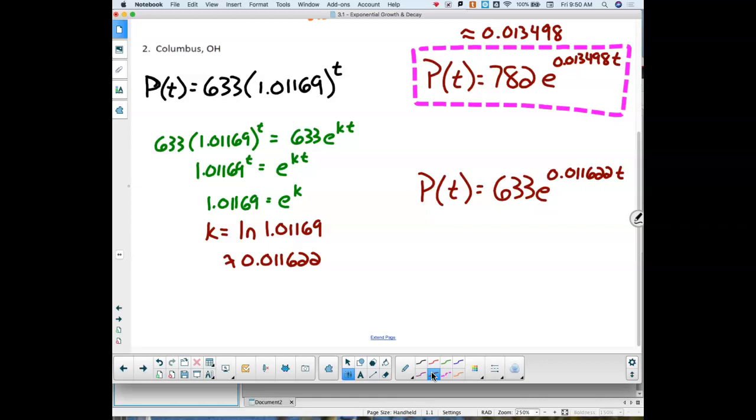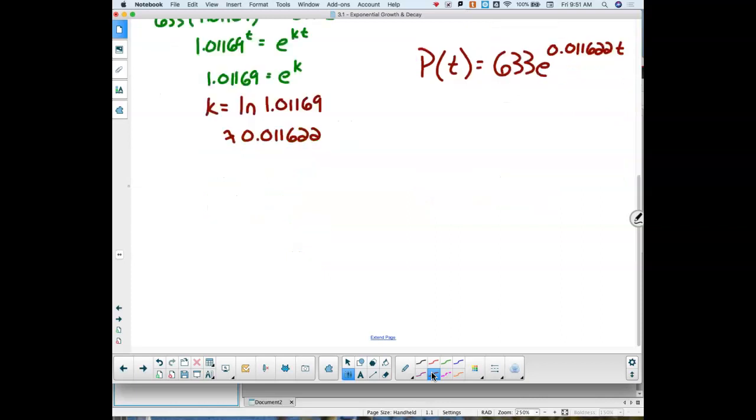Yes? Okay. Now, using the Columbus data, this would just be a quick simple check. The Columbus data in 2000, it would have been at 711,000 people. So again, that was the point 10, 711 in our data.